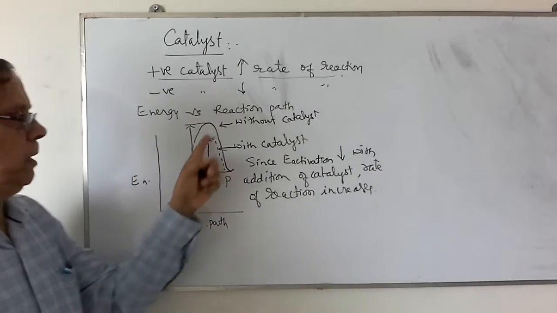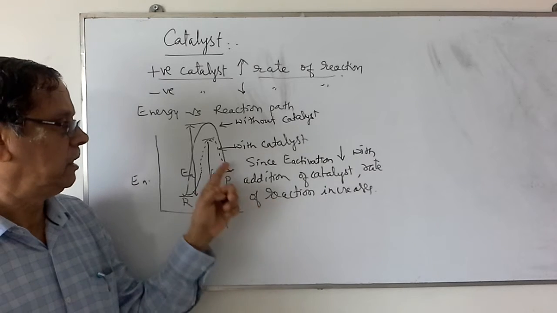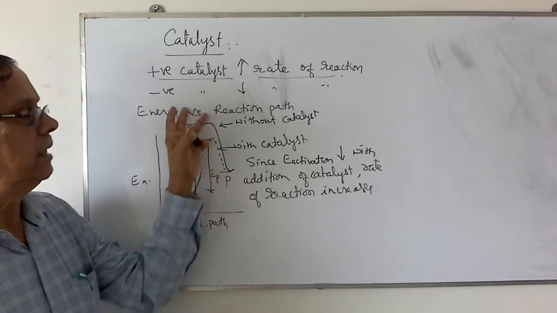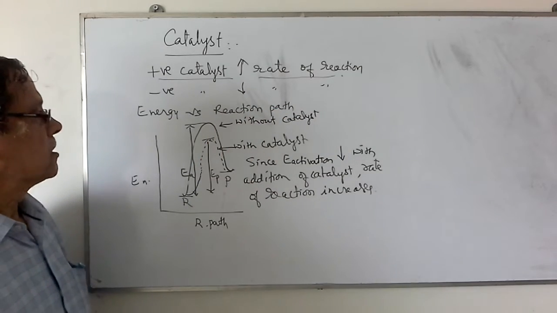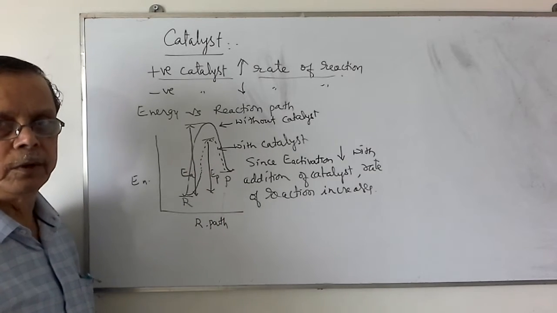So more molecules will take part in the reaction. With the lower energy of activation, more molecules take part in the reaction, and hence there is an increase in the rate of reaction. Suppose you add a negative catalyst, the reverse explanation holds true.